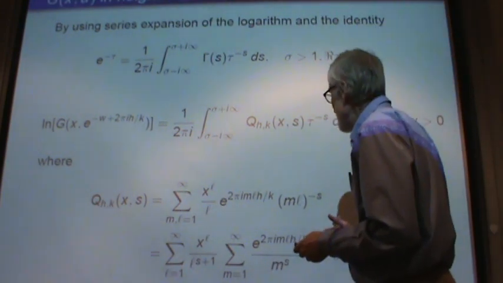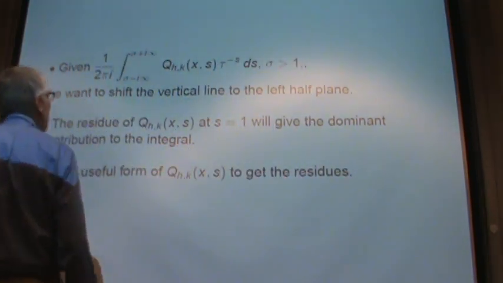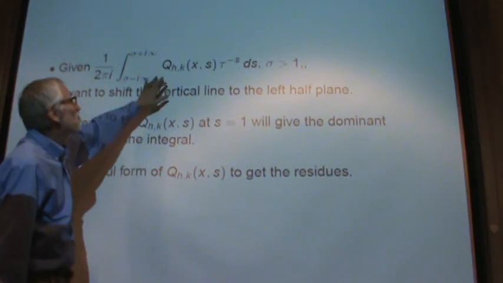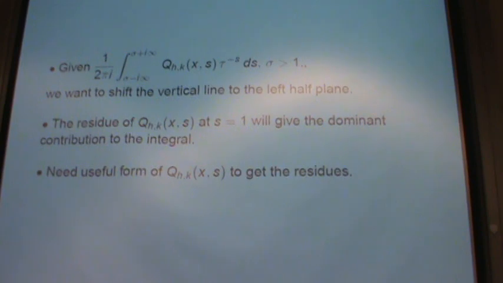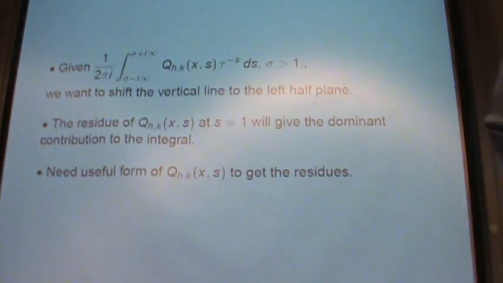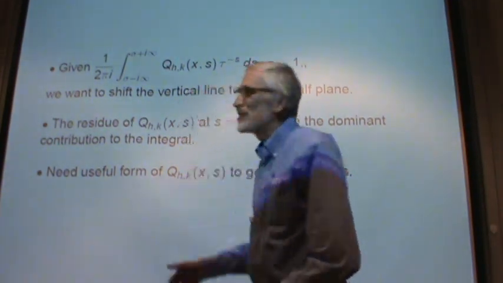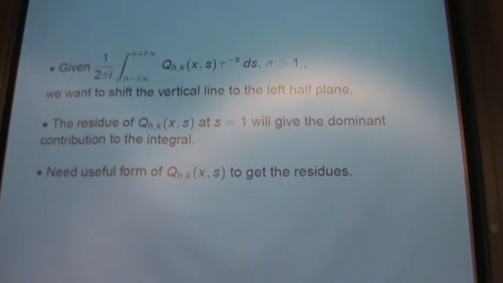So when we do that, there will be poles of Q. And what turns out to be the case is that the pole at 1 will give the dominant contribution. All right, and to get the residue of that pole, I need some useful form for this auxiliary function I introduced in the neighborhood of the generating function at the rational point.